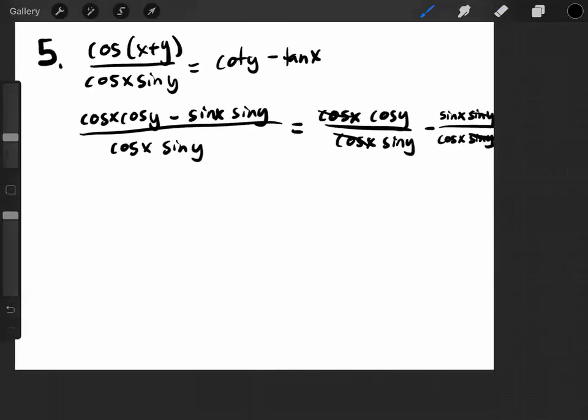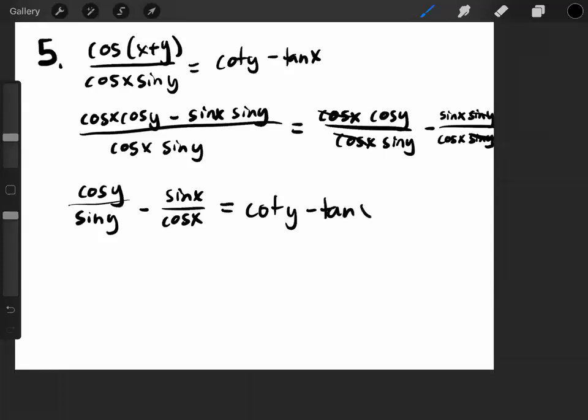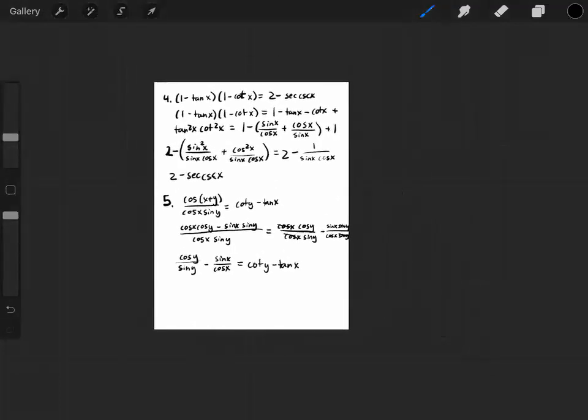So now we've got cosine y over sine y minus sine x over cosine x. And if you know tangent and cotangent, you know this is just simply equal to cotangent y minus tangent of x.